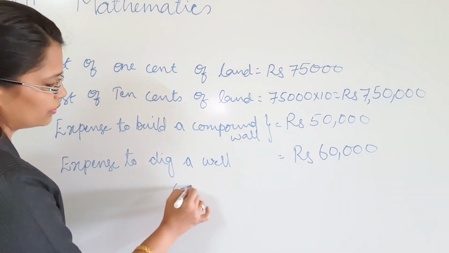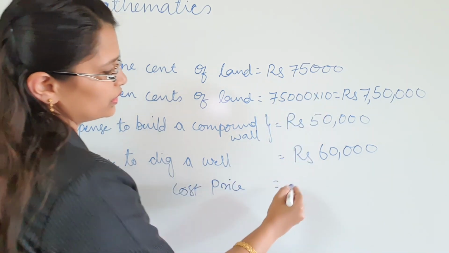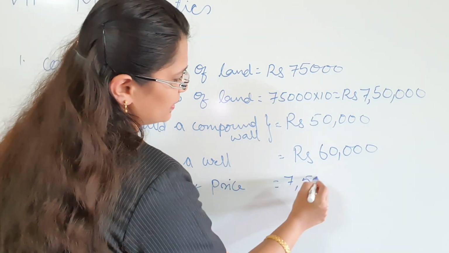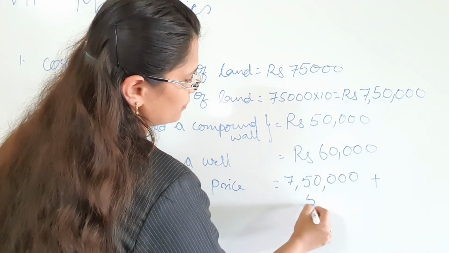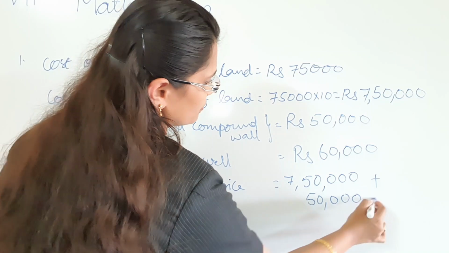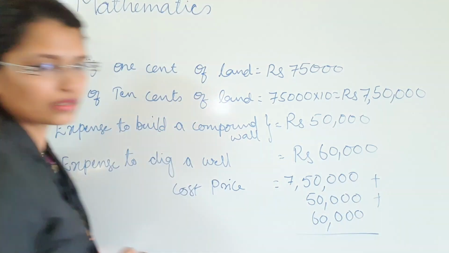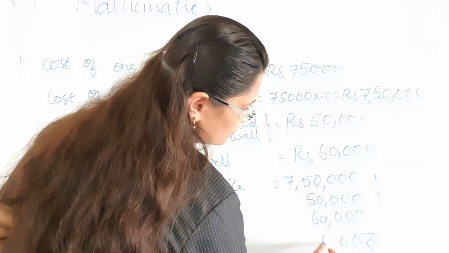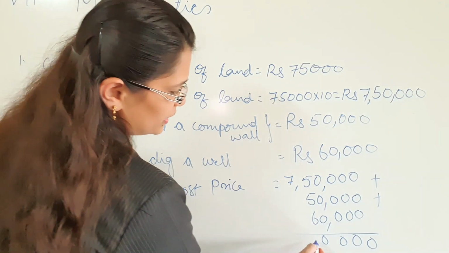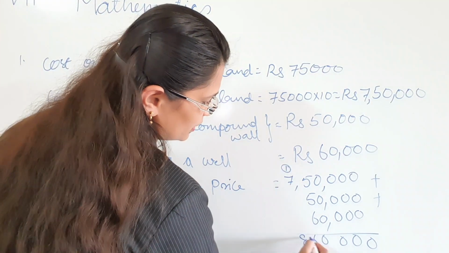So total cost price is equal to, add all these together, 7,50,000 plus 50,000 plus 60,000. How much? 6 plus 10, 16, then 8.